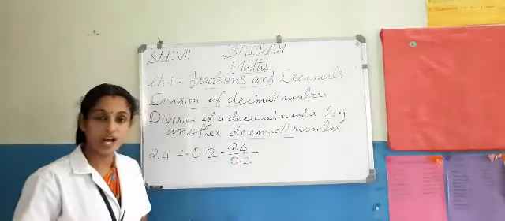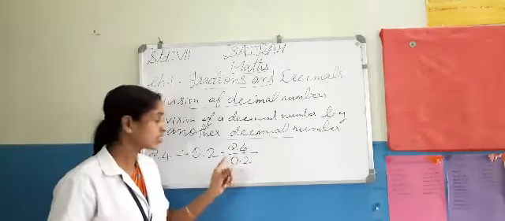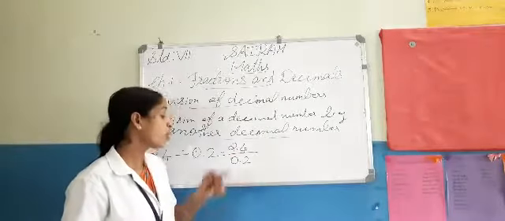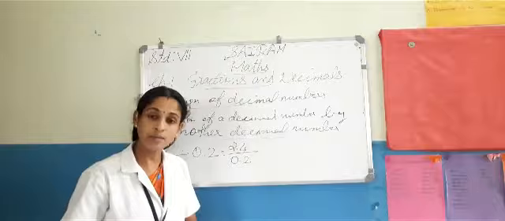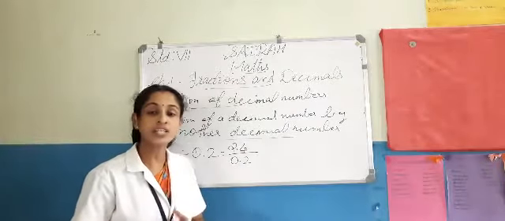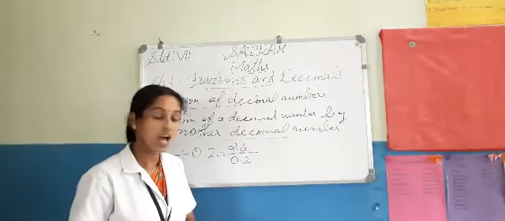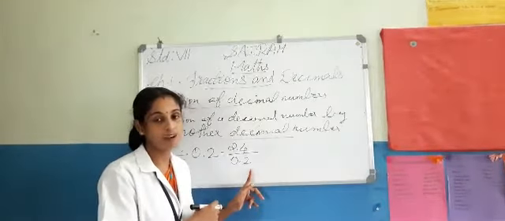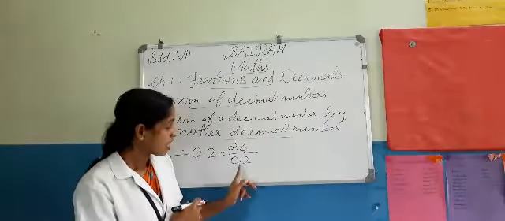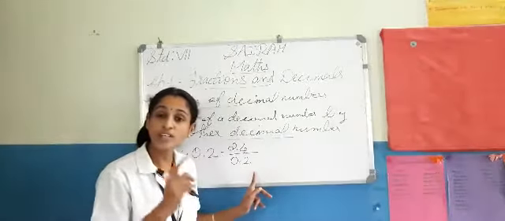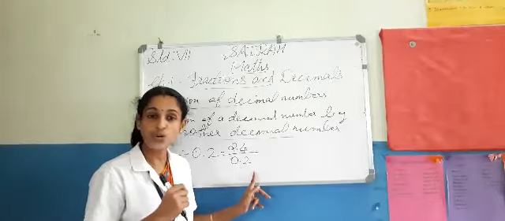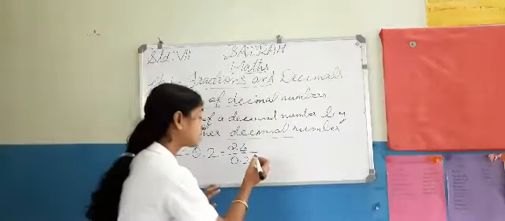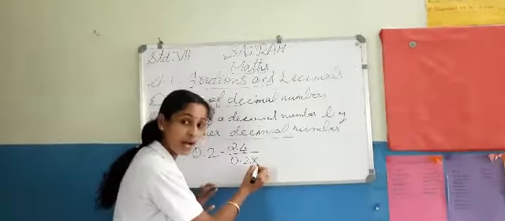In this case, first of all, change the divisor into a whole number. For that, we multiply this divisor by 10, 100, 1000, etc., as per the number of decimal places in that divisor. Here, after the decimal point, there is only one decimal place. So, to change it into a whole number, we multiply this divisor by 10.